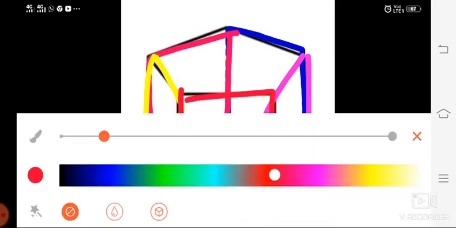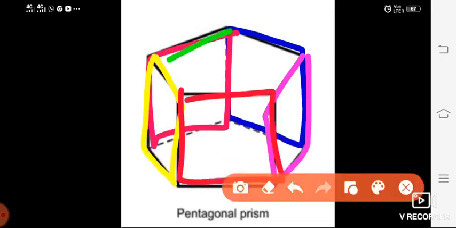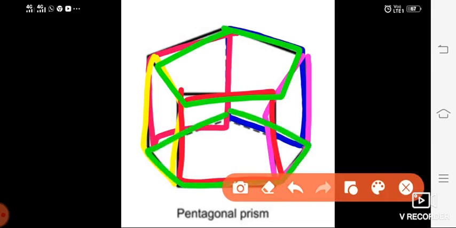Now see next, upper one 6 and down one 7. So there are a total of 7 faces for the pentagonal prism.